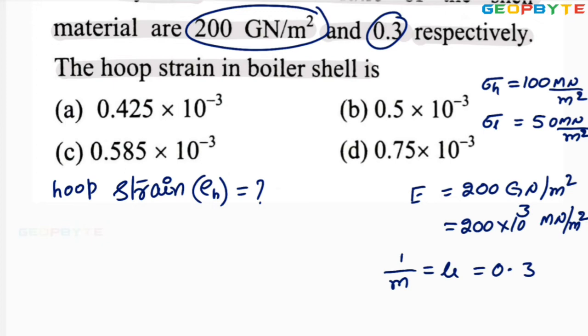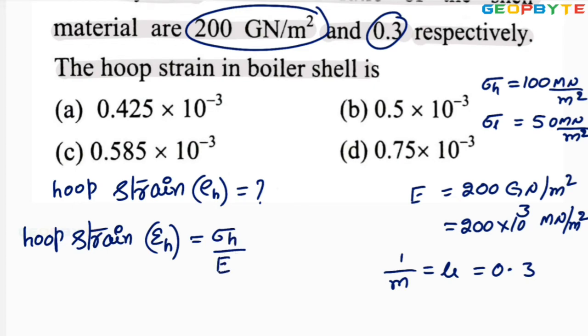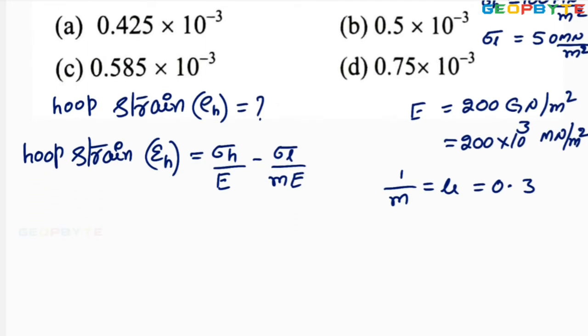My dear friends, here hoop strain epsilon suffix h, or E suffix h, equals circumferential stress by Young's modulus minus sigma L by mE, where 1 by m equals Poisson's ratio.